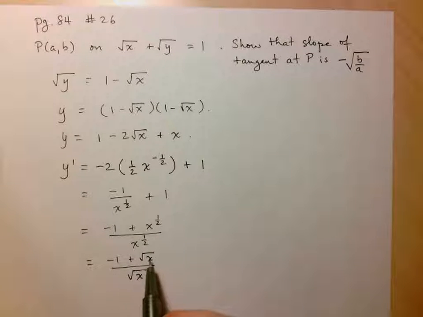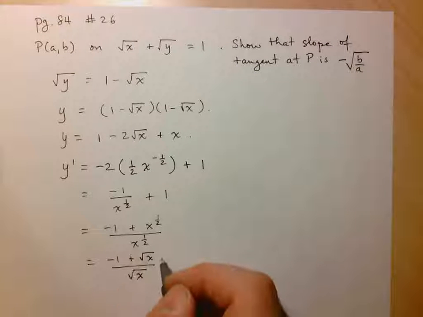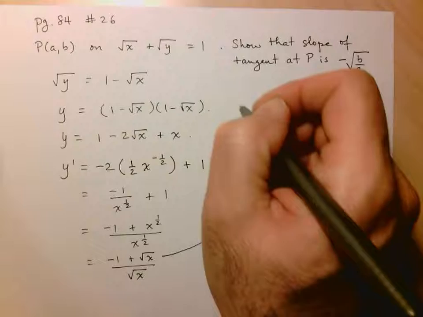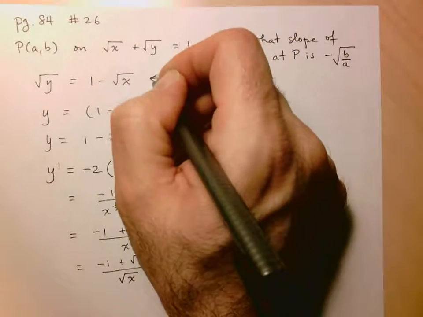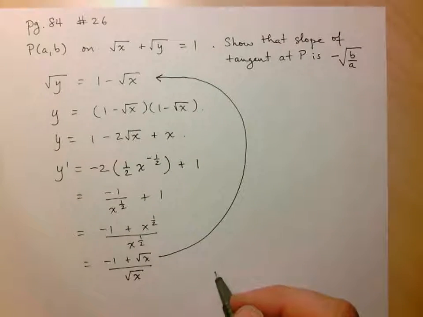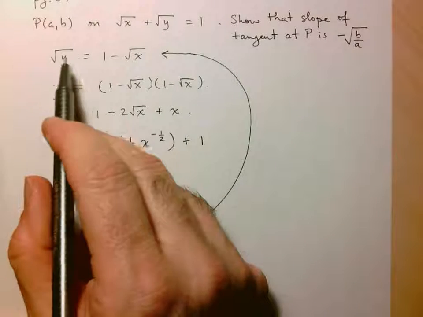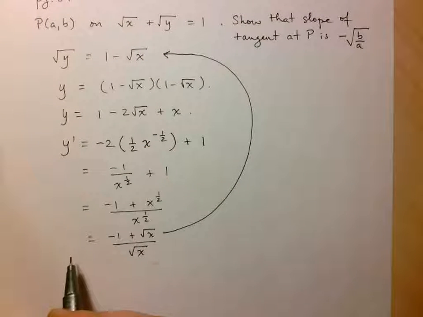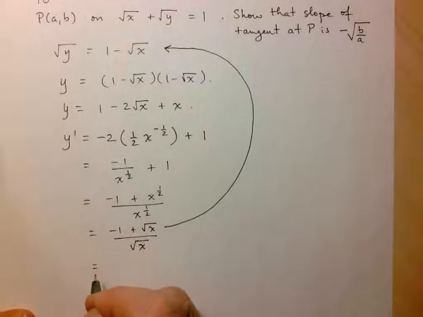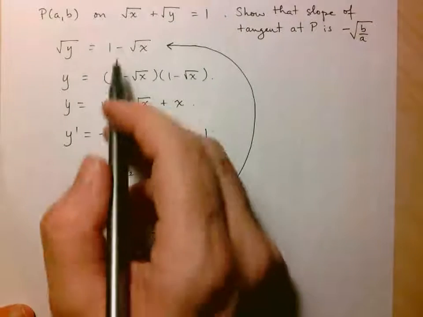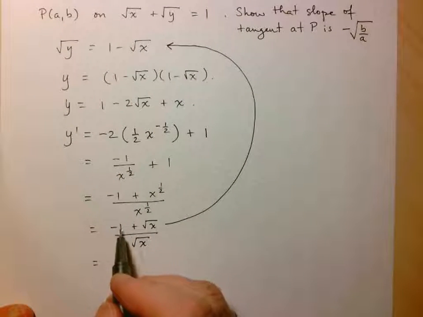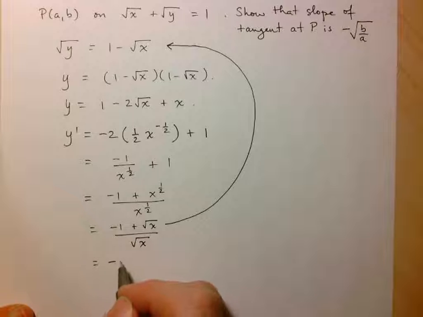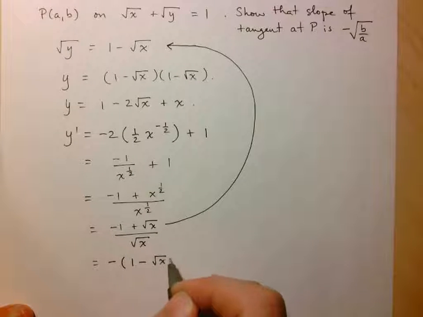Let's take a look at the numerator. If you look very closely, this looks a lot like my formula for square root of y before I squared both sides. To show this explicitly, this is 1 minus root x, and this is negative 1 plus root x. Let me factor out a negative 1, and what am I left with? 1 minus root x.